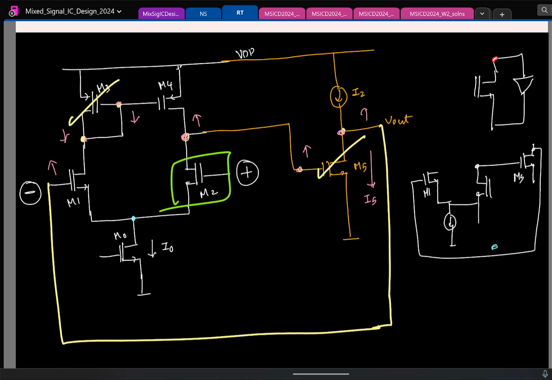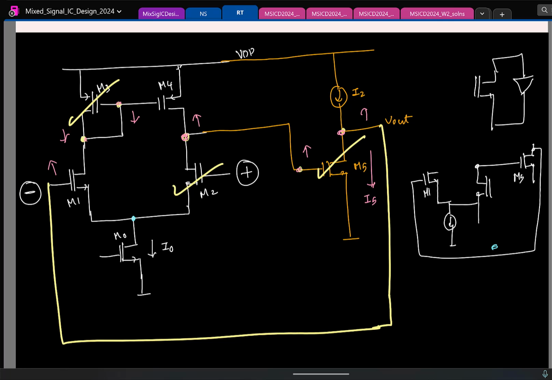So this is the sensing at the drain, feeding at the source configuration. You sense at the drain, and you feed it back to the source, and in between you have an amplifier essentially. So even for M2, there is a nice negative feedback. And what about M4? How is its bias getting set? What kind of feedback is there? Can you tell me what terminal is getting sensed?